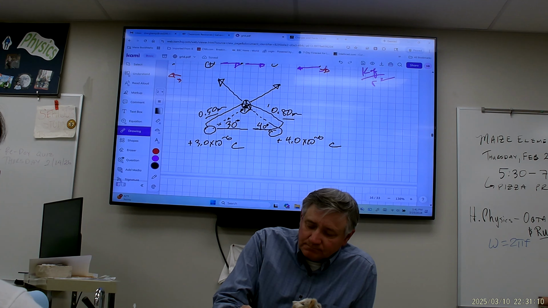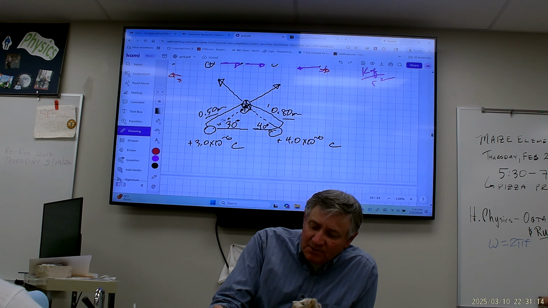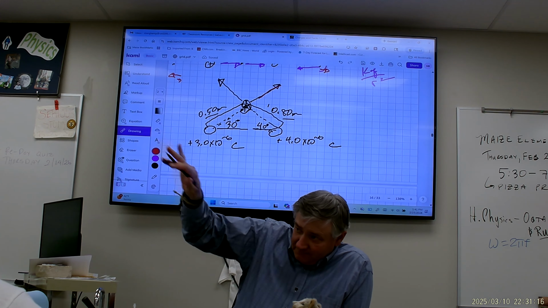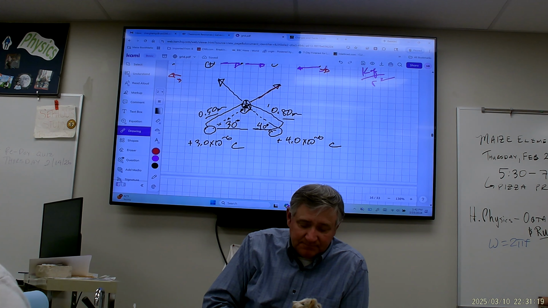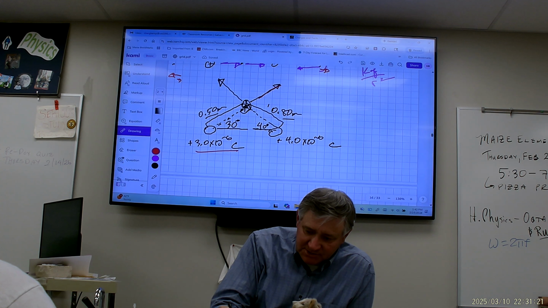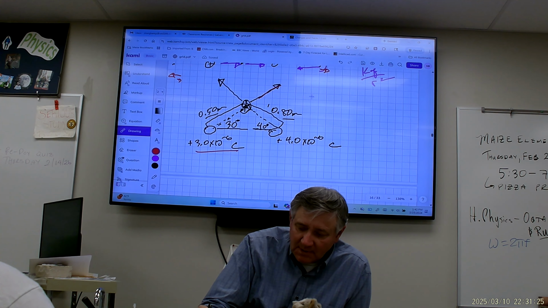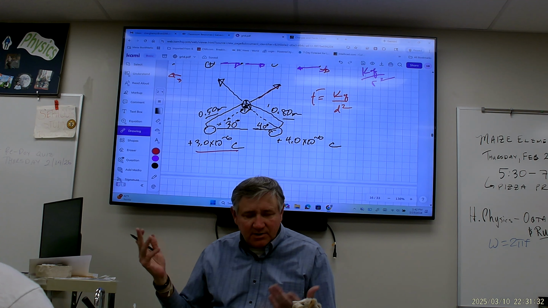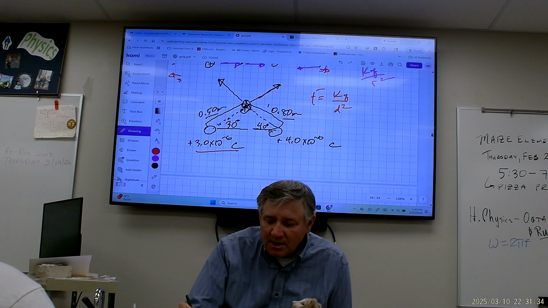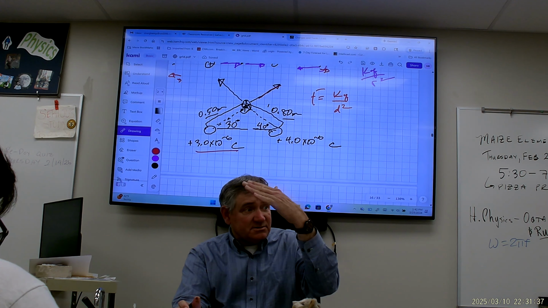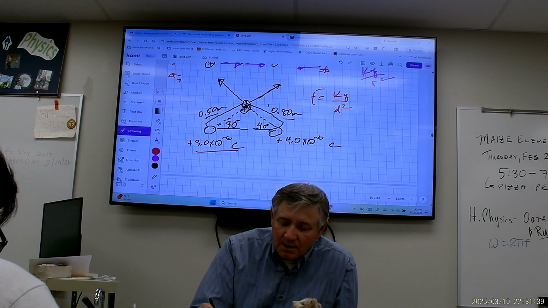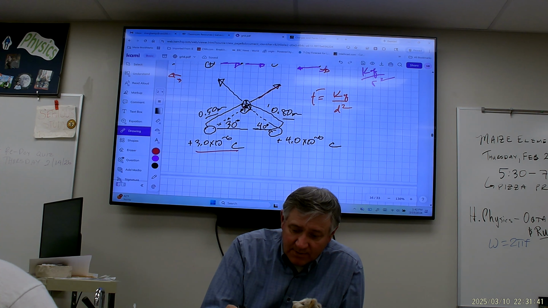Now, to get the value of that repulsive force going in that direction, you know the charge and you know the distance. So how are you going to get that? F is going to equal KQ over R squared, whatever that's going to be, right? So this is going to get you some value. You need the same thing over here, right?